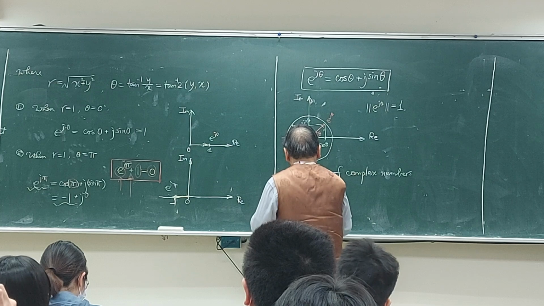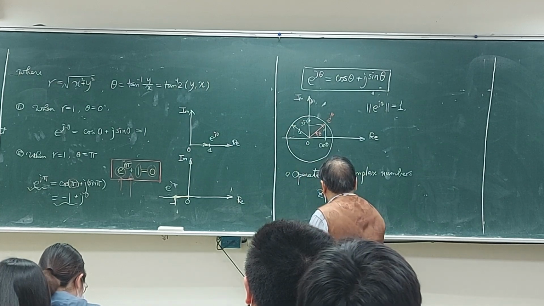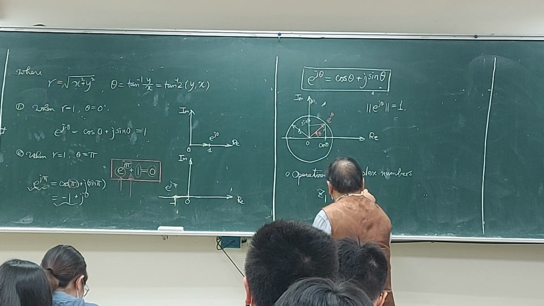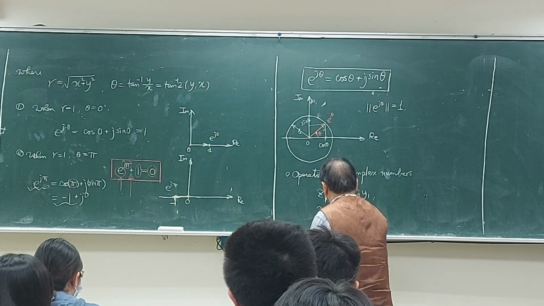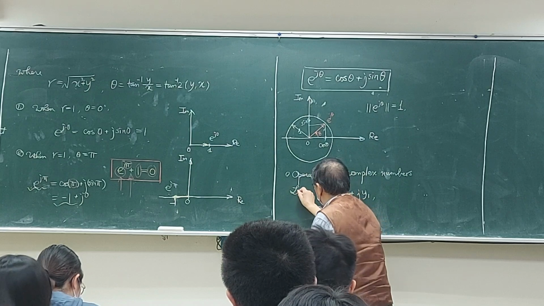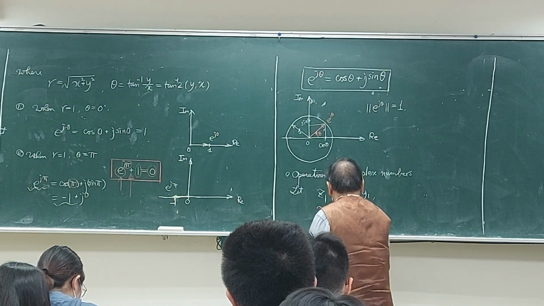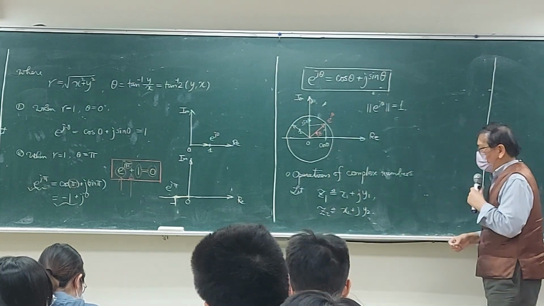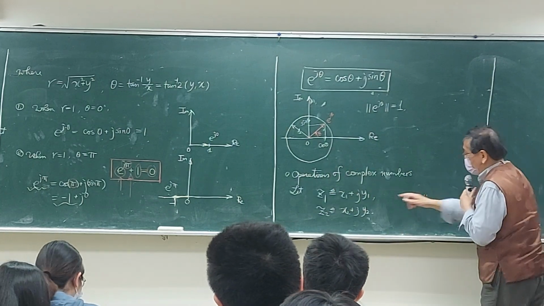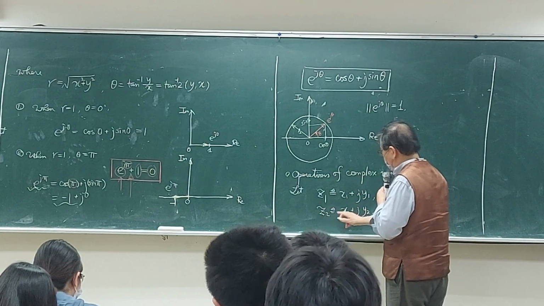Let's assume I have two complex numbers. z1 equals x1 plus j times y1, and z2 equals x2 plus j times y2. So now we have two complex numbers. x1 plus j times y1 is z1, x2 plus j times y2 is z2.